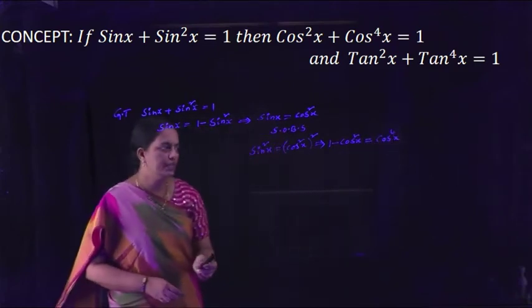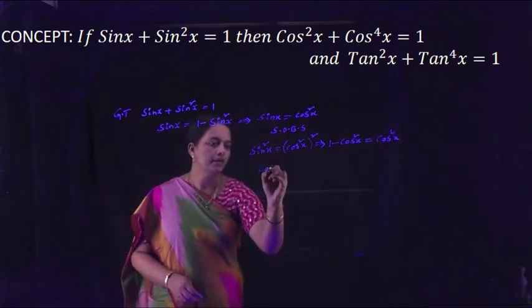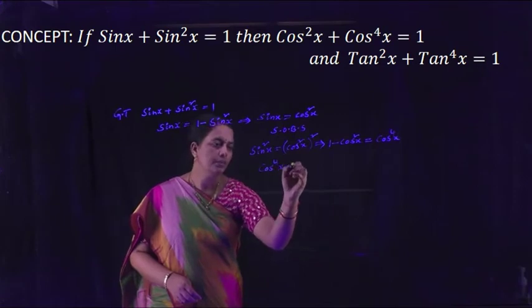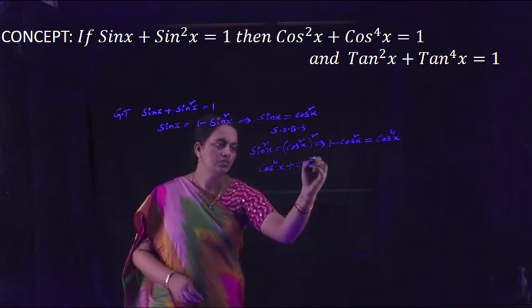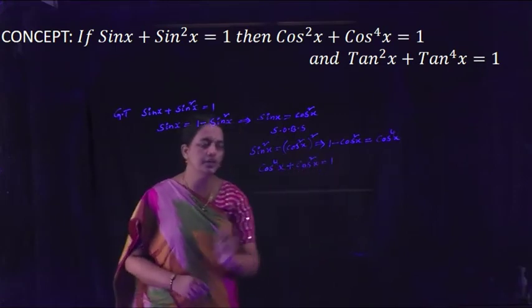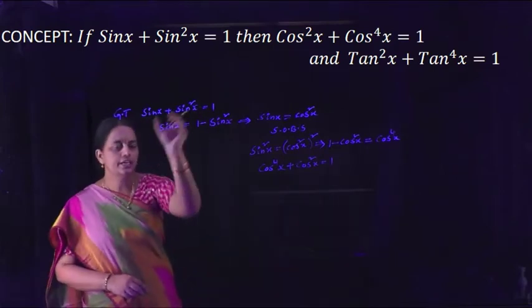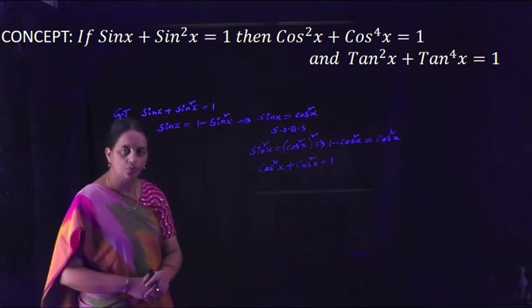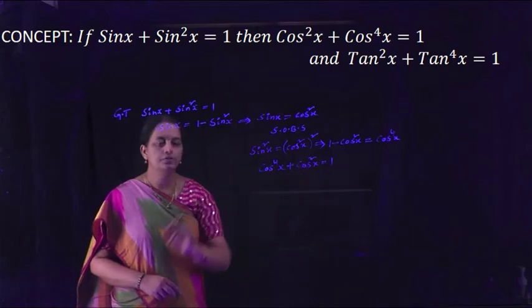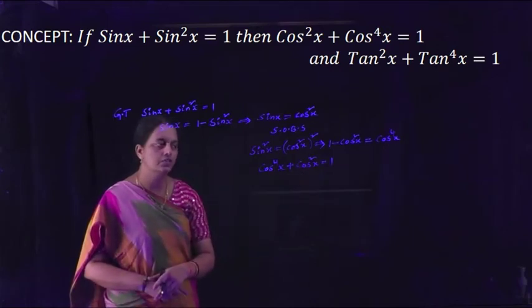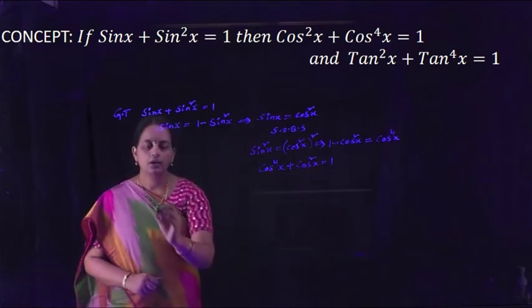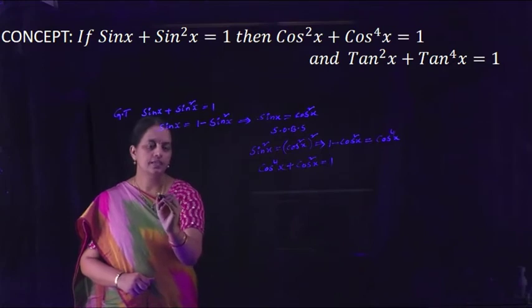From this we can write cos power 4x plus cos square x is equal to 1. So if sin x plus sin square x is equal to 1, then cos power 4x plus cos square x is equal to 1. And again take sin x plus sin square x is equal to 1.